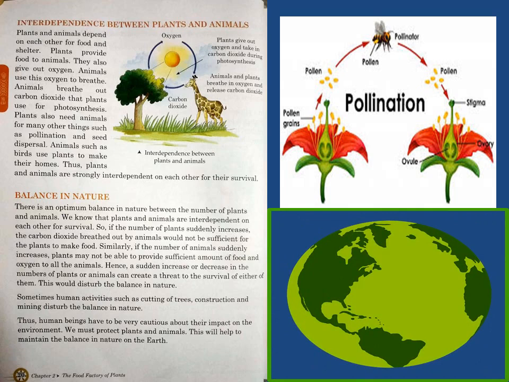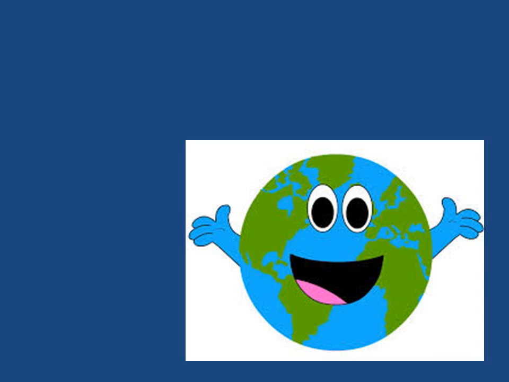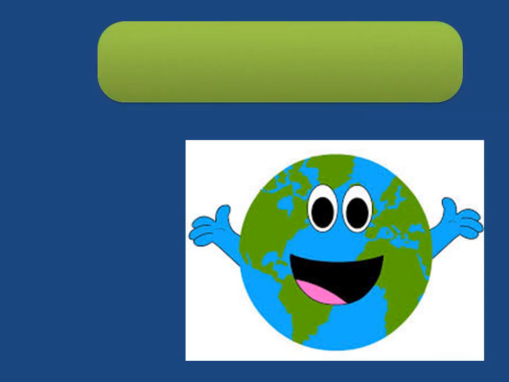These things are very much important, and that is why we, the human beings, frequently cutting the trees will cause a major disturbance in the balance maintained in nature. So we will have to stop this type of activities like cutting of trees and construction of big buildings, and we will never do anything that will disturb the balance maintained in nature.